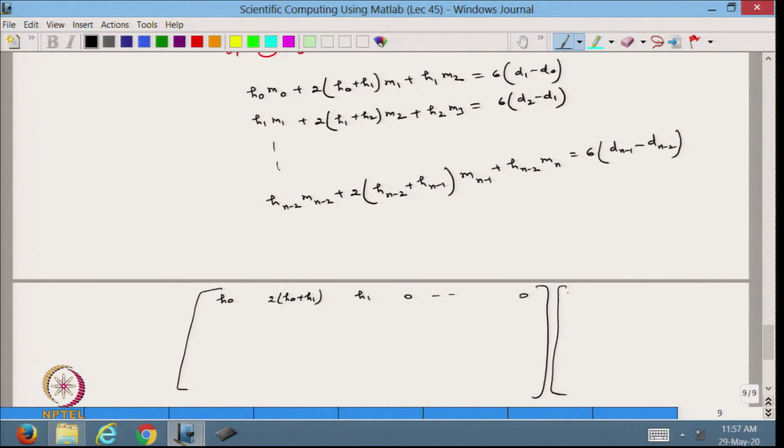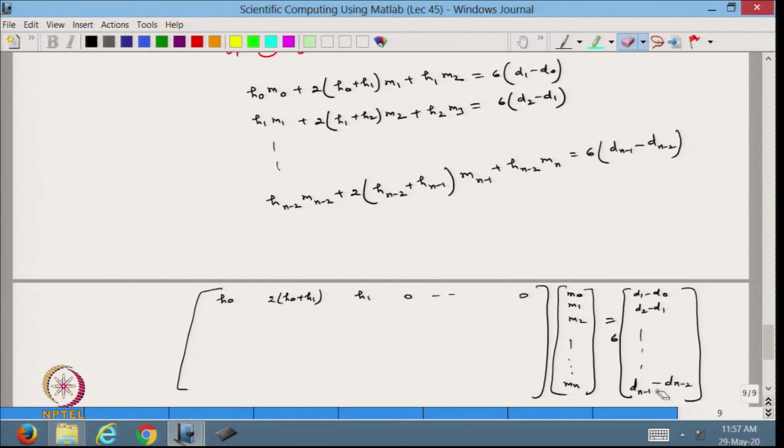Suppose here I write m0, m1, m2, and in the end up to mn, and from here I will get 6 times, so I can take 6 common, (d1 minus d0), (d2 minus d1), and in the end (d(n-1) minus d(n-2)). So, that is the first equation.